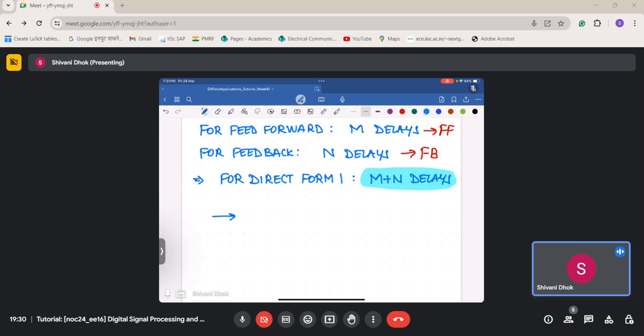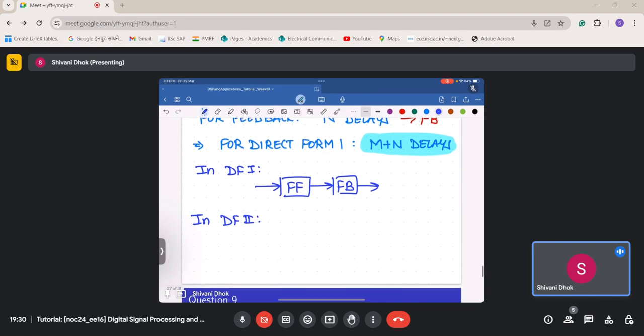So here we first have, in direct form 1, feed forward, after that we have feedback, right? And in direct form 2, we interchange these two things. We make this here and this here. So we interchange this. So we have first feedback and then we have feed forward coming up.